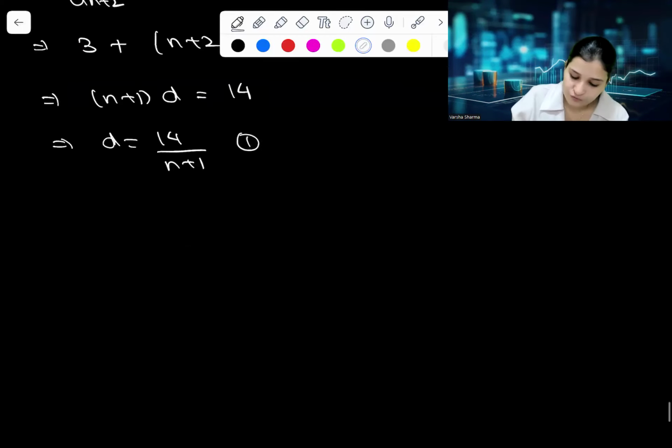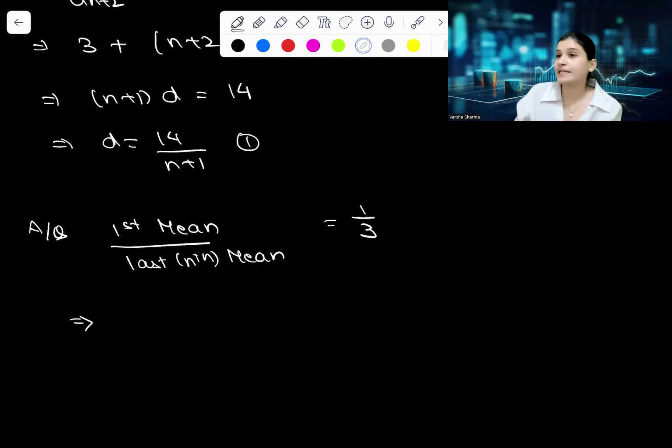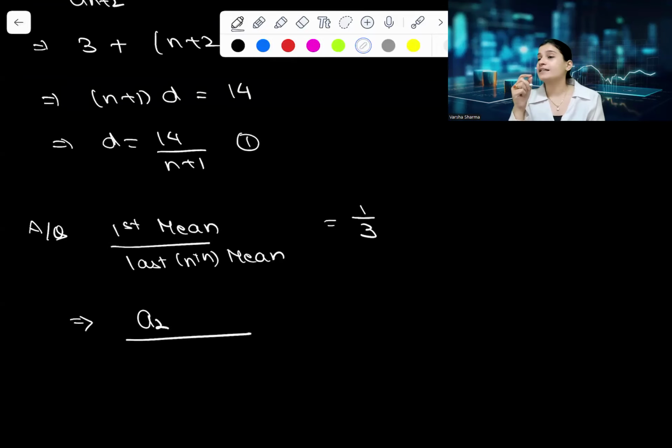Now the second condition. The ratio of the first mean to the last mean. Last mean means which mean? Nth mean. The ratio is 1 by 3. The first mean is which term of the sequence? Second term. And the nth mean is which term?